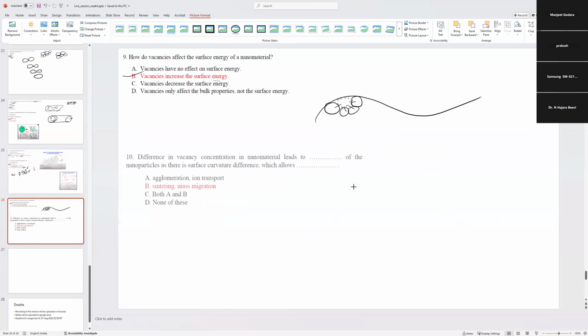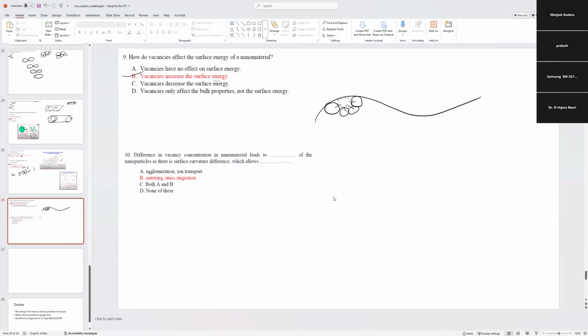Now this we already saw, vacancy concentration. If you had these two particles, here you had much higher vacancy concentrations.